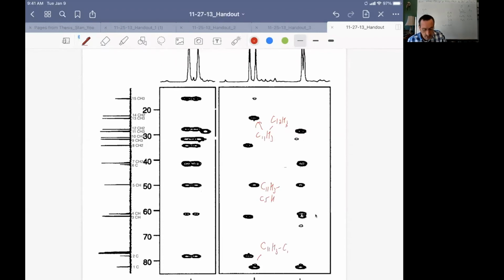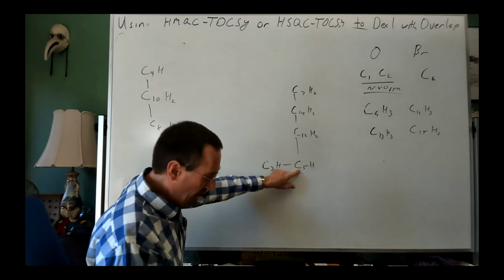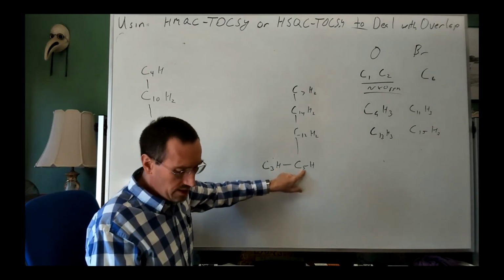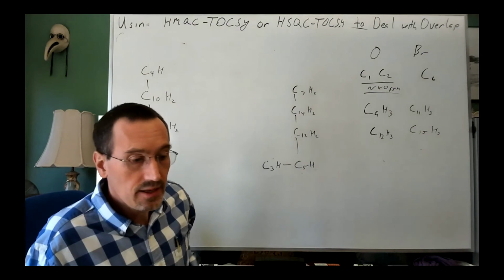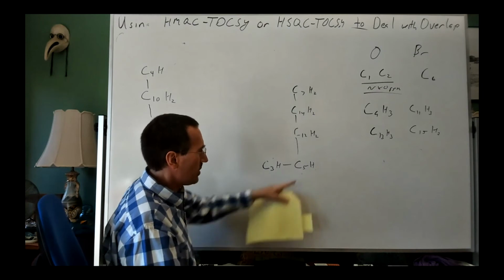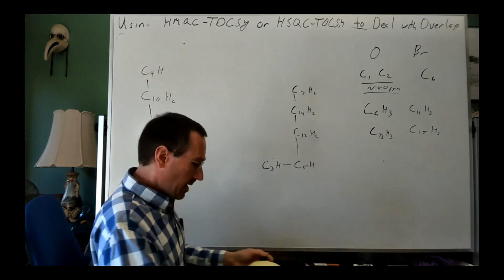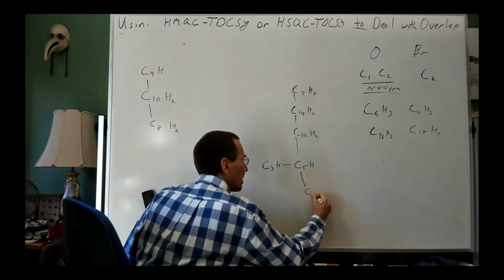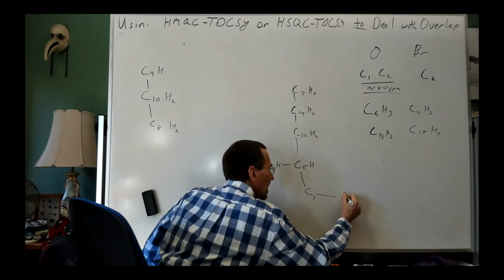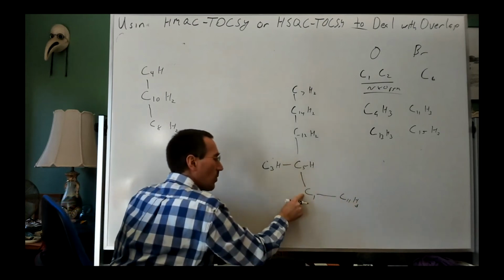And that's useful because at that point we've got some nice information. So let me put that on our whiteboard here. So C5 is crossing with C11, and we know that they're not directly connected to each other because they're not J coupled. And we also know that we're connected to C1 because C1 is a quat carbon. So here's C11H3, here's C1.